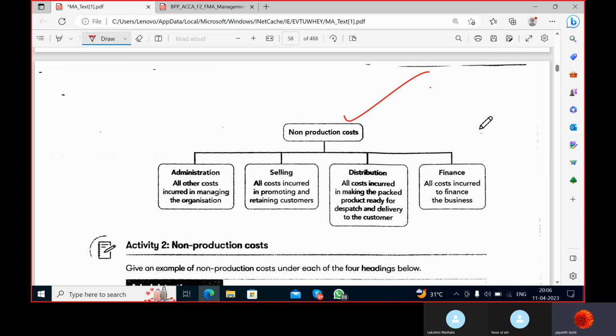Now comes the non-production cost. Generally this kind of cost is a cost for support or supporting activities. So this is a factory. In this factory, a manufacturing process is going on. This is a head office.